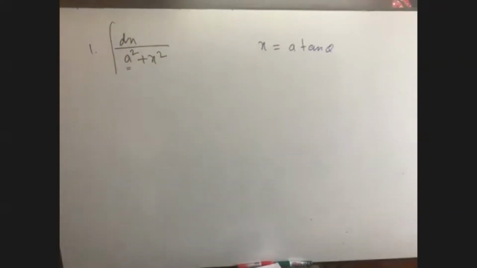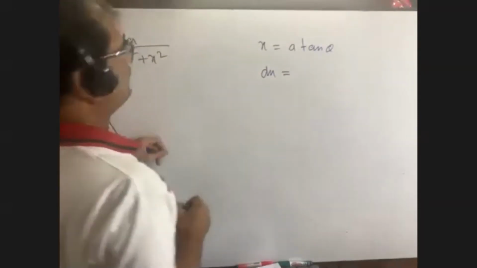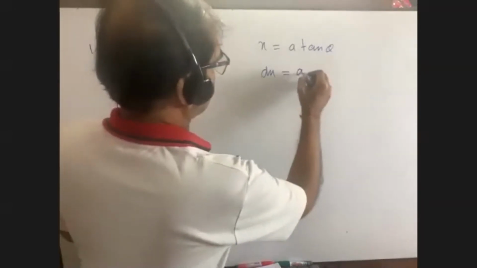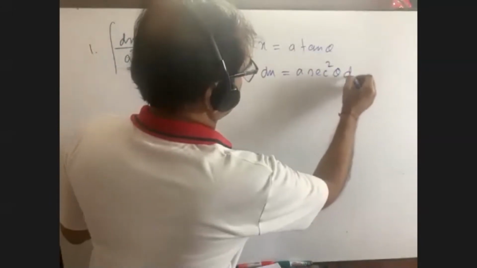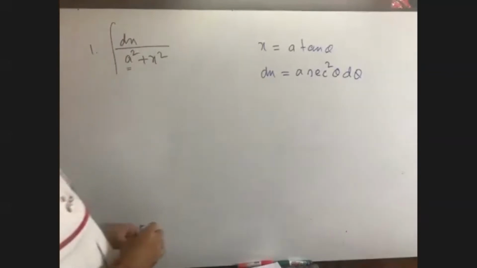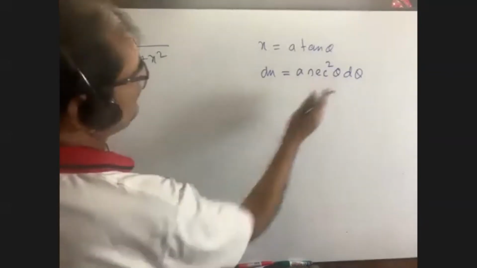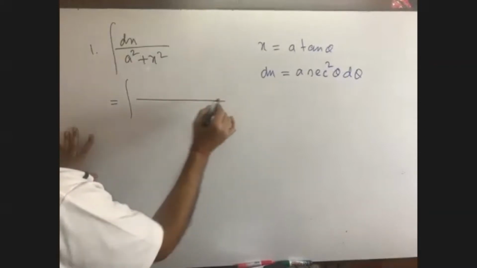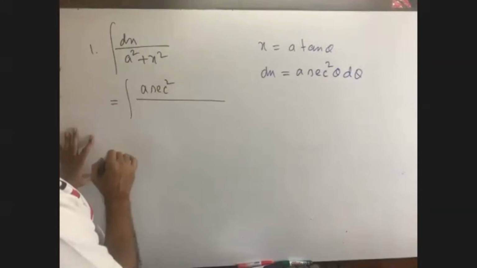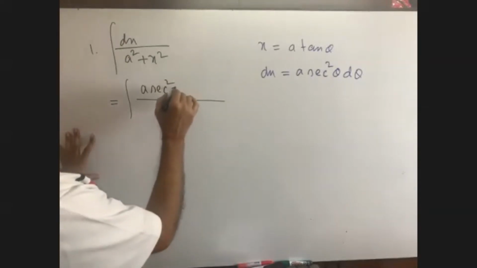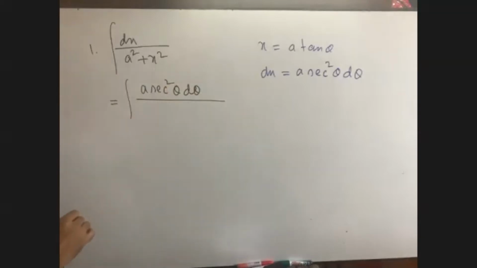So we can write dx is equal to a sec square theta. Talk to me, all of you are required to talk to me. You see, what is the value of dx? Dx equals a sec square theta d theta. It is the value of dx, okay?